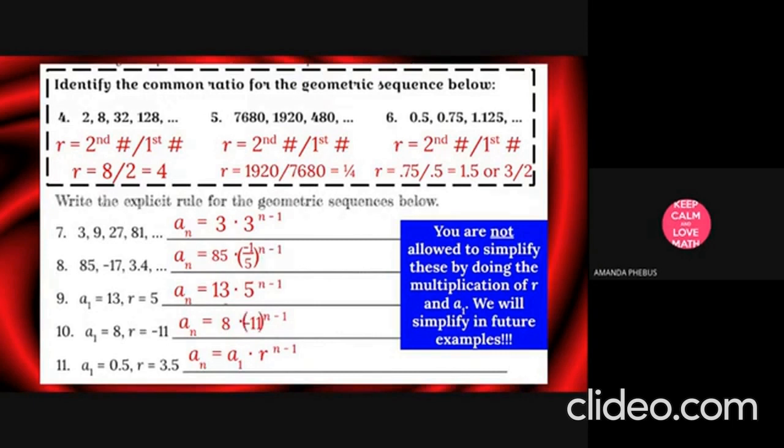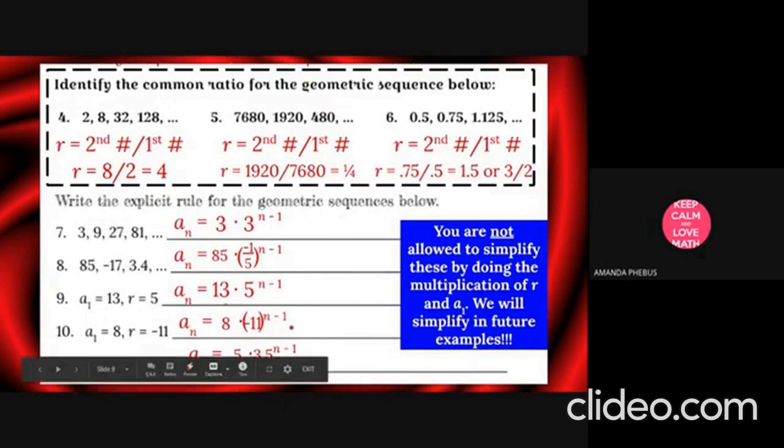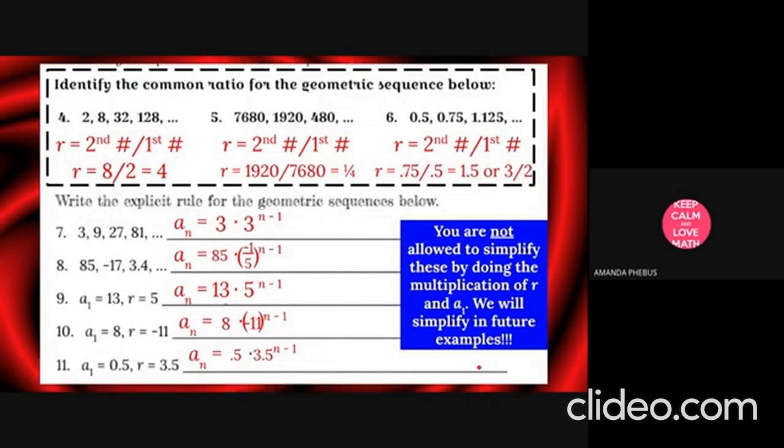All right, number 11, a sub 1 equals 0.5. So we're plugging in 0.5 for a sub 1, and we're plugging in 3.5 for r. Again, remember, we're not allowed to multiply these together, so just leave them, show the multiplication in between them, but don't multiply them together.